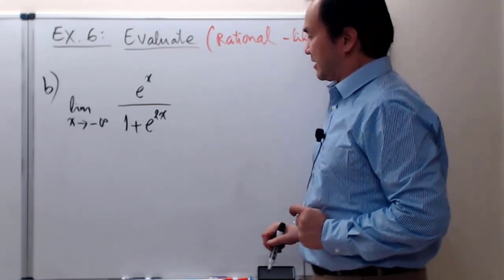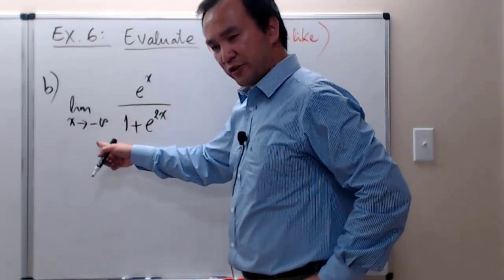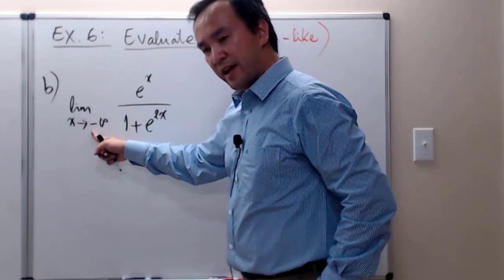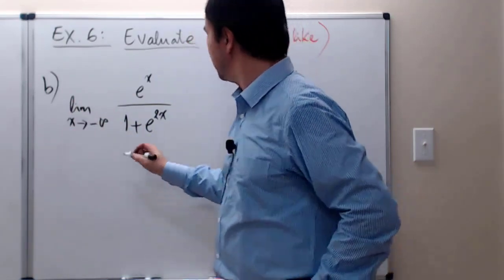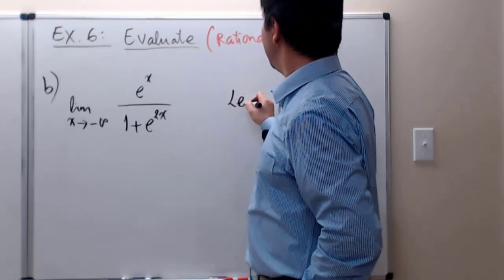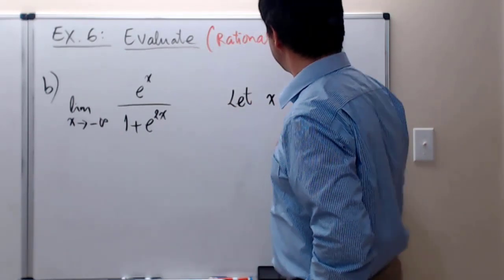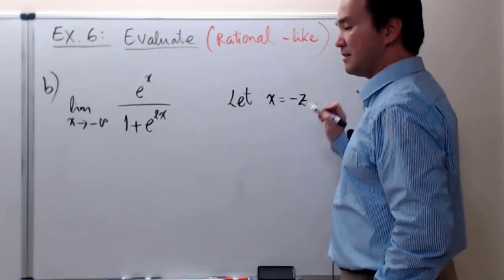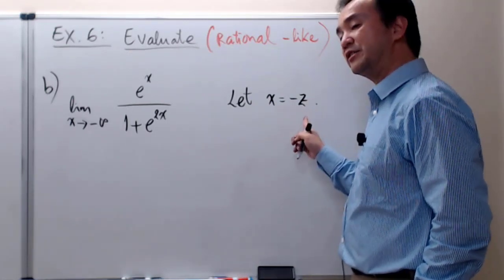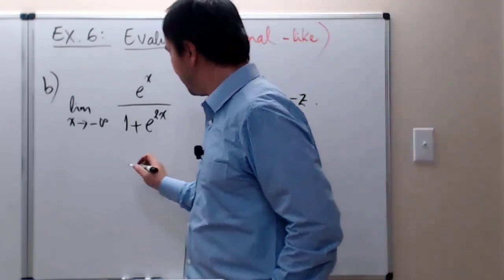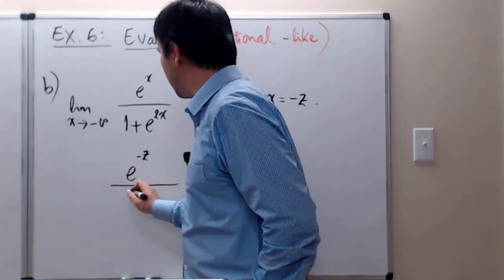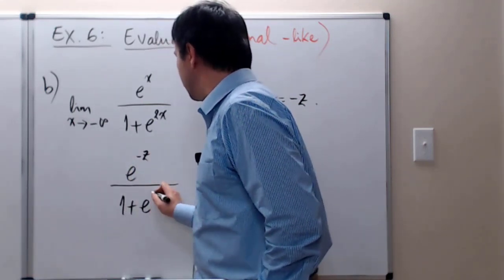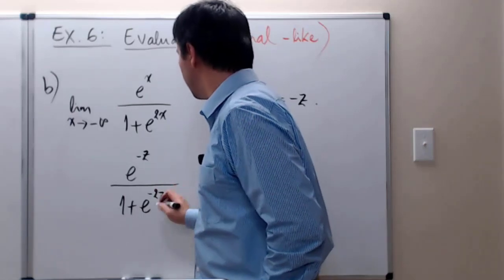Remember the trick we had earlier: when x is going to negative infinity, the best practice is to let x be substituted by negative z, sort of like an external variable. So now we're looking at e to the minus z divided by 1 plus e to the minus 2z.